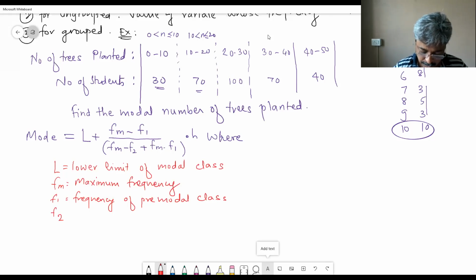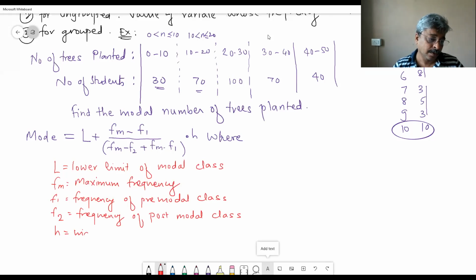F2 is the frequency of the postmodal class. And h is the width of the modal class.